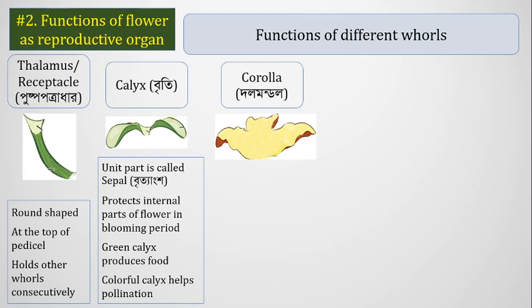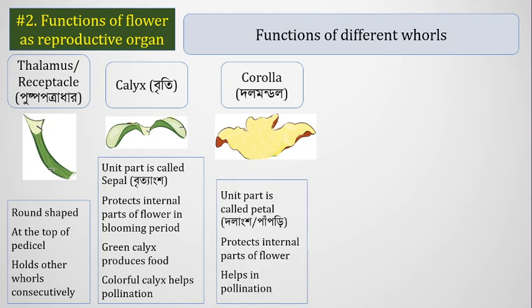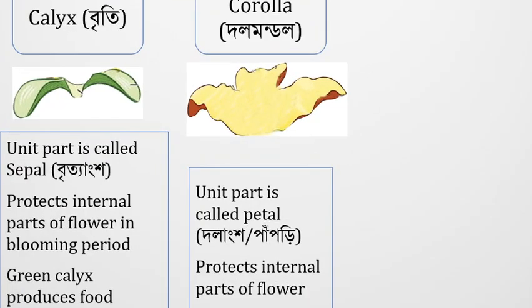And now we are discussing the corolla. The unit part of the corolla is called a petal, or in Bangla, পাপড়ি. What is its function? Its function is to protect the internal parts of the flower.